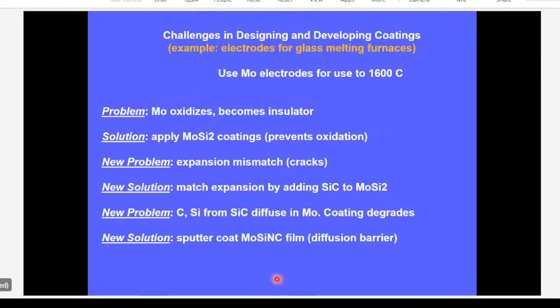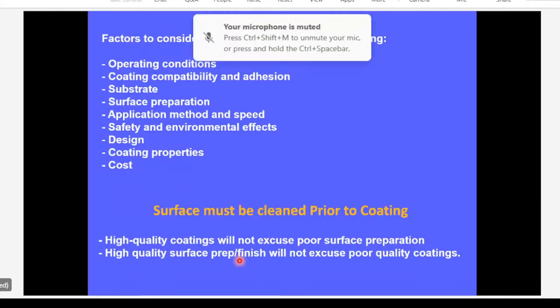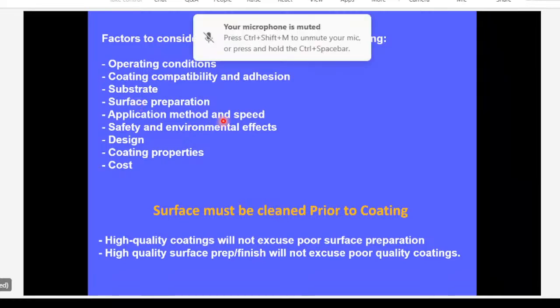Before you can apply a coating or modify a surface, you may have to consider all these different factors: operating conditions of your part, the compatibility of the coating and addition to the substrate, what kind of substrate we are using, what surface preparation is needed, what is the application method of coating, and the speed of application, safety and environmental factors.